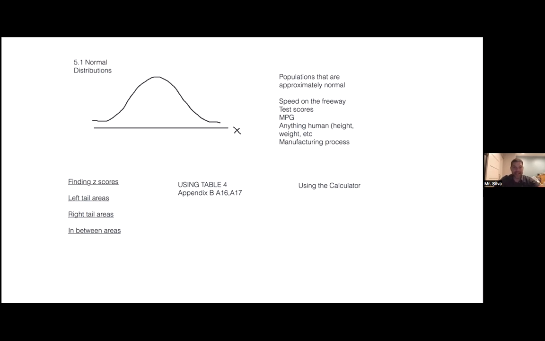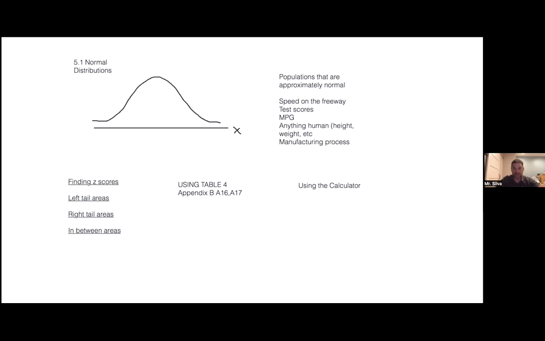So I gave some examples of populations that are approximately normally distributed right over here. Speed on the freeway. If you're driving down the freeway, some cars drive slow. Those cars would be represented by the area over here. Some cars drive fast. That's over here. But most cars drive in the middle, in this area.